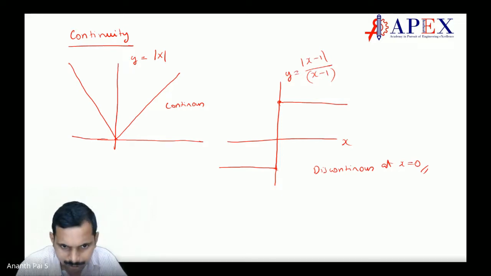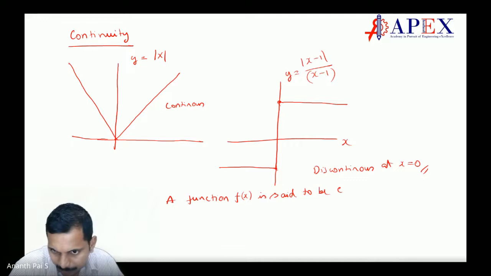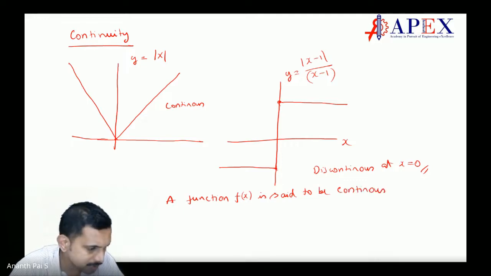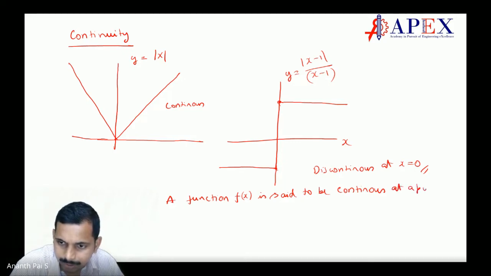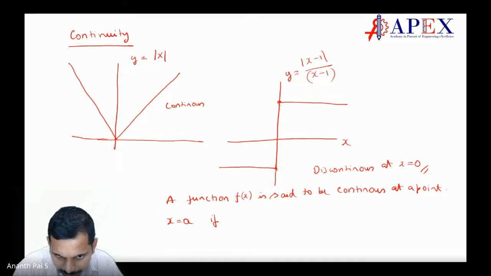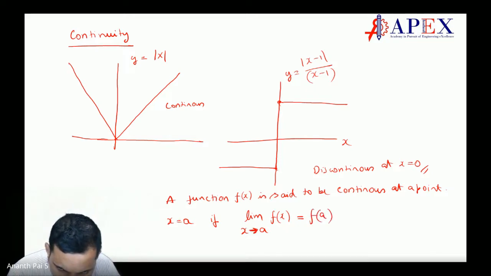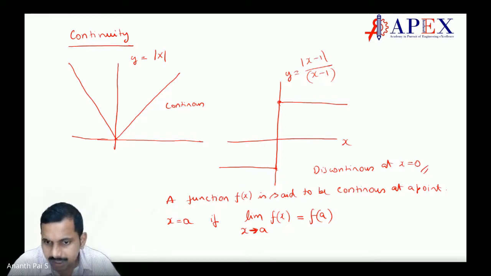Now a function f of x is said to be continuous at a point x is equal to a if limit x tending to a f of x is equal to f of a.